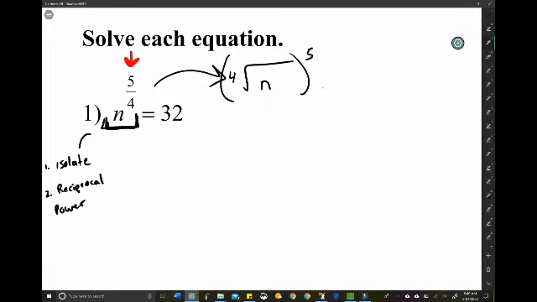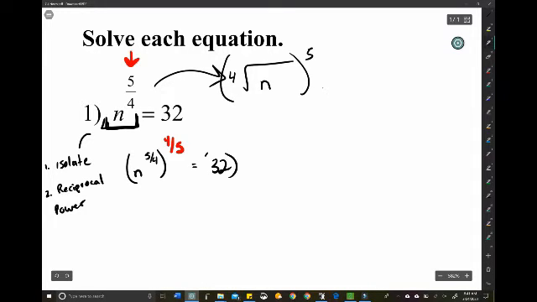So 5/4, its reciprocal is 4/5. So what this looks like is n to the 5/4, its reciprocal power is 4/5, and it's going to equal 32 to the 4/5. That's what I mean by take each to the reciprocal.